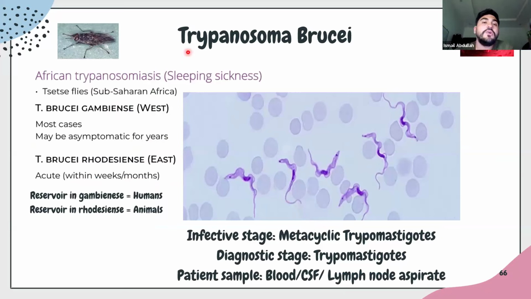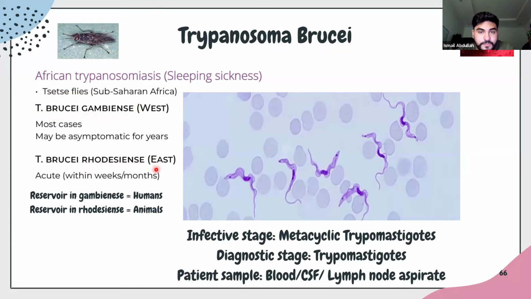Then we have Trypanosoma brucei. This one is called sleeping sickness. The vector will be the tsetse fly. And we have two: T. brucei gambiense and T. brucei rhodesiense. This is in the west. This is in the east.